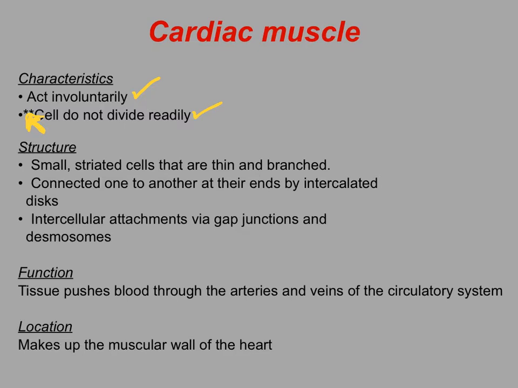The cell structure: they're small. They're not as small as smooth muscle cells. They are striated, so you'll visibly see some stripes inside the cells, and they're thin and branched. They connect to one another at the ends by what we call intercalated discs. I'll show you this. And they also connect via what we call gap junctions, right?